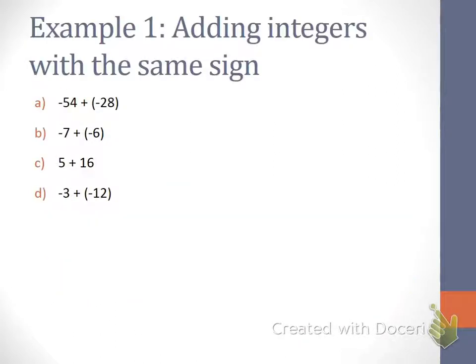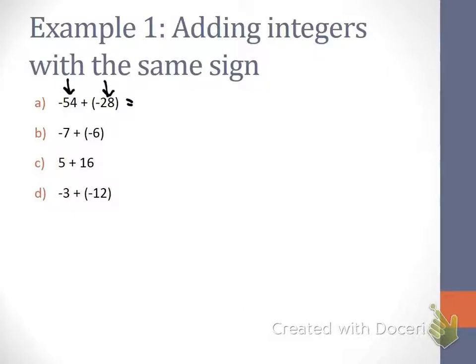Okay, so in example 1, before I can figure out what the answer is, bad news, you can't use your calculator. That would kind of defeat the purpose, okay? Before I can figure out what my answer is, I have to first ask myself, do I have same sign or different here? So I'm going to look at the sign in front of the number. Is 54 negative? Negative. What about 28?